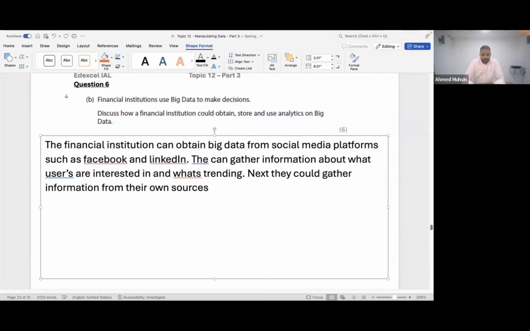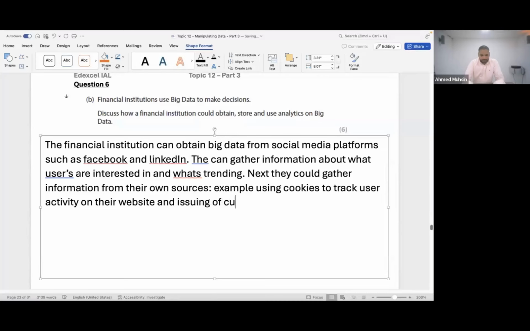For example, using cookies to track user activity on their website and issuing surveys to receive feedback from customers.